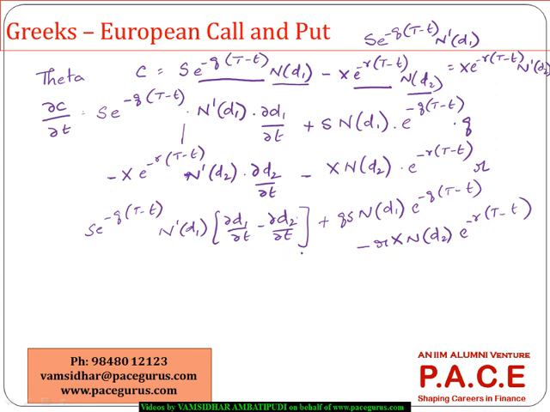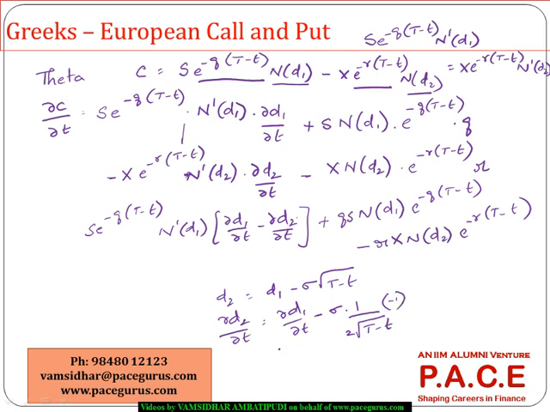To evaluate ∂d1/∂t minus ∂d2/∂t, we have already seen d2 equals d1 minus sigma root (T-t). So ∂d2/∂t equals ∂d1/∂t minus sigma times the derivative of the square root, which is 1 by 2 root (T-t), into minus 1. So ∂d1/∂t minus ∂d2/∂t is nothing but minus sigma by 2 root (T-t).